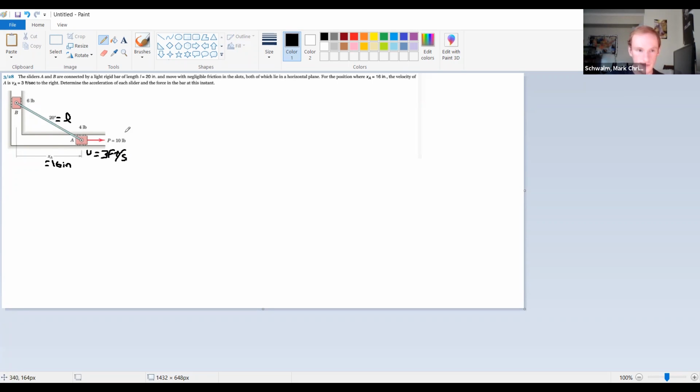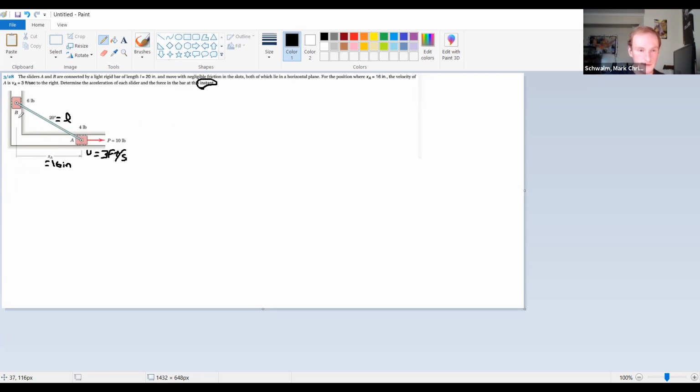So just keep in mind that we have two different units for length going on right now. And determine the acceleration of each slider and the force on the bar at this instant. At this instant means we don't really have to worry about these distances changing on us.